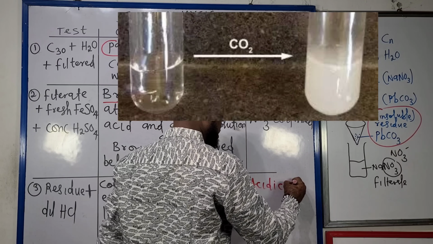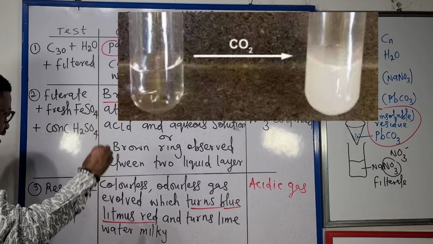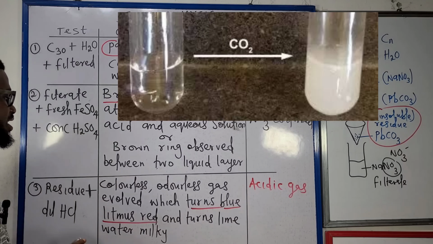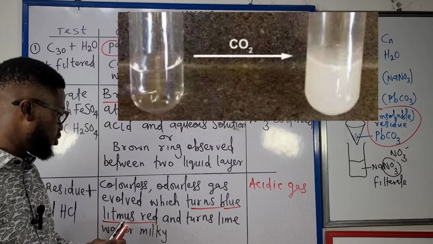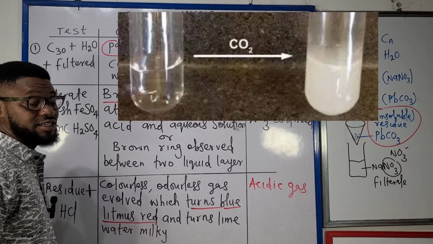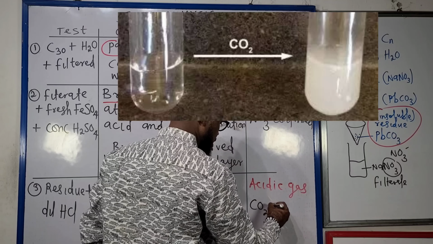Acidic gas. And then talking about the confirmatory test for that particular gas, that gas has the ability to turn lime water milky. In this case, that is going to be CO2 gas. CO2 gas.